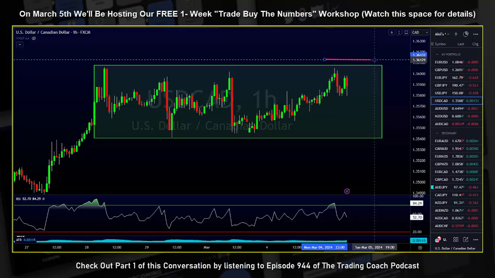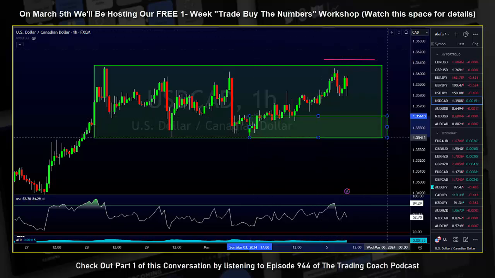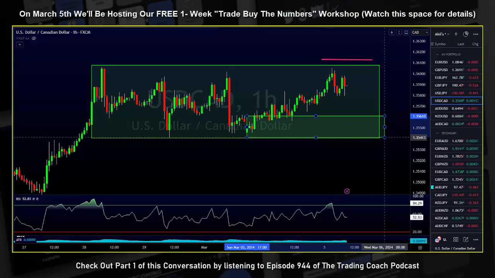Boom. How would I trade this as a reversal? And again, this is where you can have a reversal trade that is with the trend, or a reversal trade which is against the trend. Well, if I planned on getting involved down here, let's say I want to buy a breakout prior to the breakout.